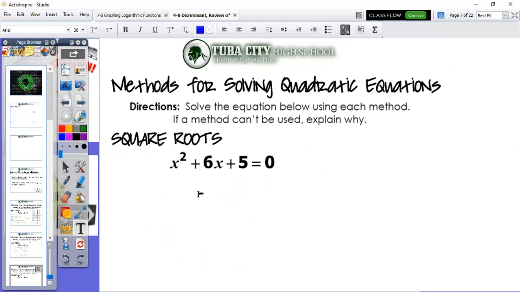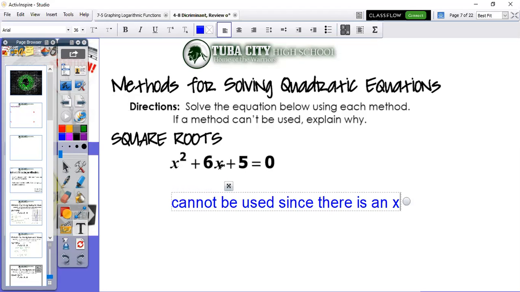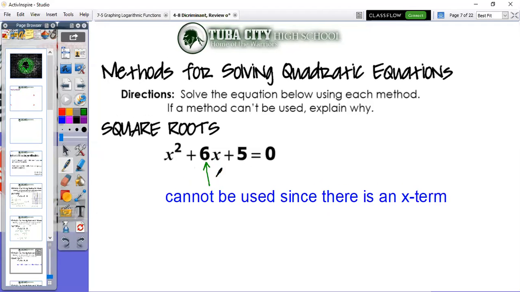Now in this case here, the square root is the one where you only have two terms. We cannot use it here since we have a b value, or an x term, which means this number here.